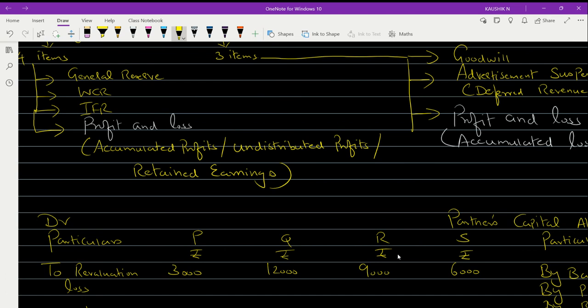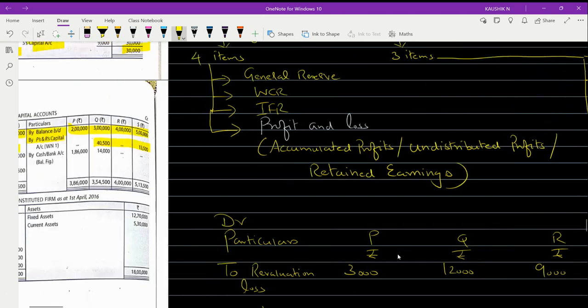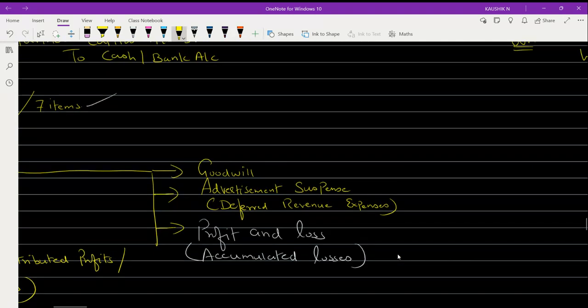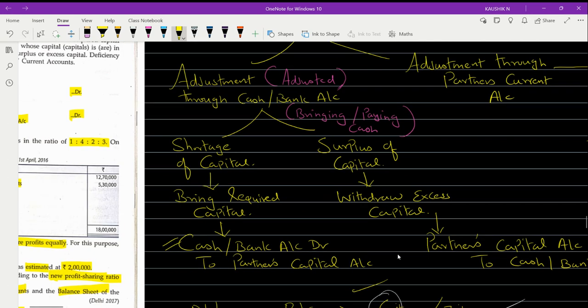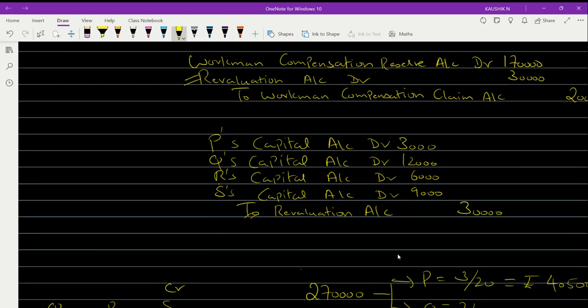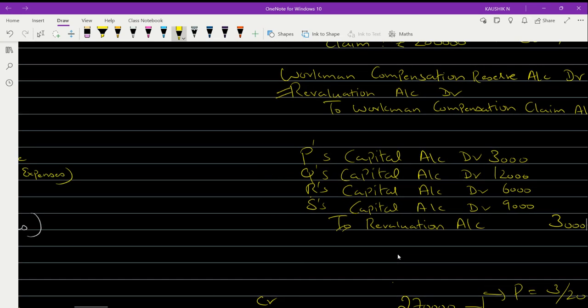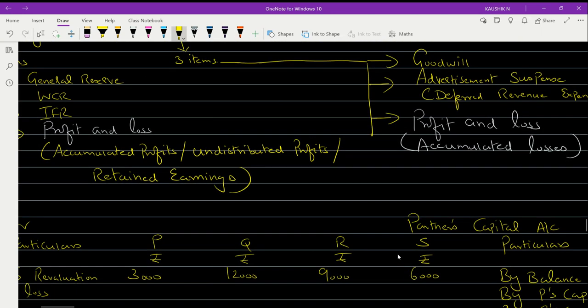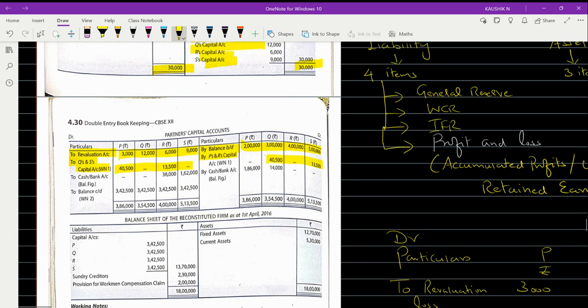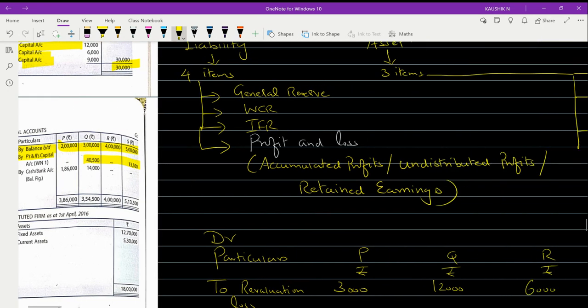Just a minute. 312,600. Wait. Then I made a mistake in posting. Let me check here also what value I got. 312,609. Okay, while posting there, I made 9 and 6. Okay, it is my mistake. I'm sorry. Just a minute. This is 6. Here, this 9. I think the rest is correct. 13,500. Yes, and there 9,000 is perfect.